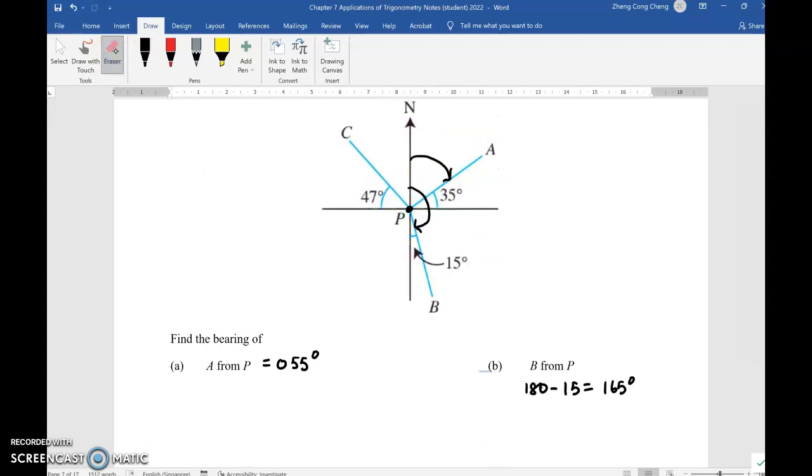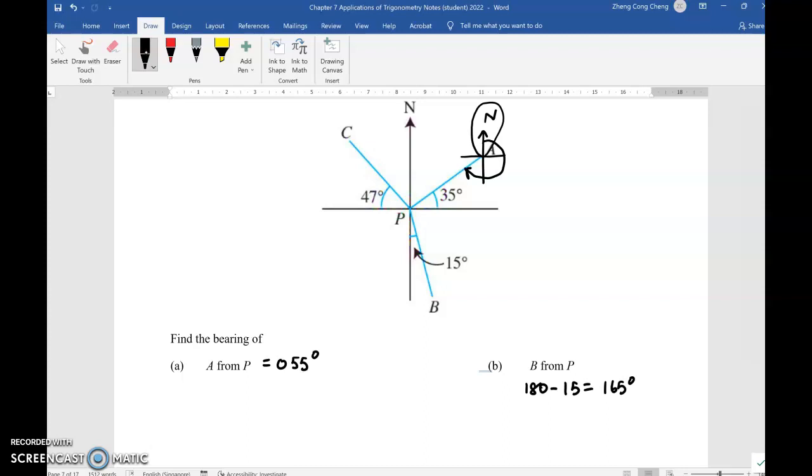So let's take a look at P from A. We first draw the north at A. Remember, your pen must always be pointing towards the north. And now I'm going to turn all the way until I reach P, which is this angle over here.